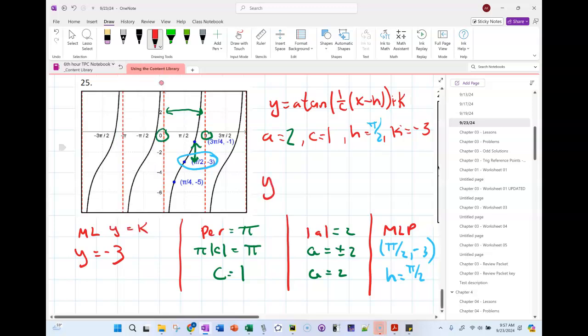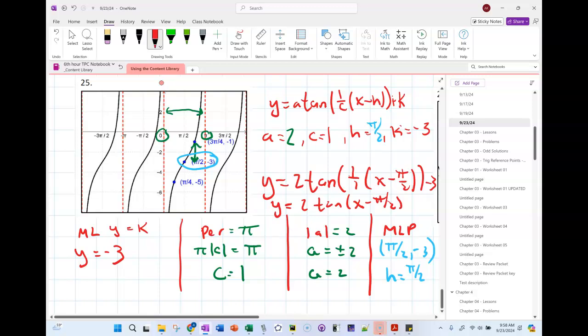So if we put this all together, y equals a tan of 1 over 1 x minus pi over 2 minus 3, or we could just simplify this down to y equals 2 tan x minus pi over 2 minus 3.